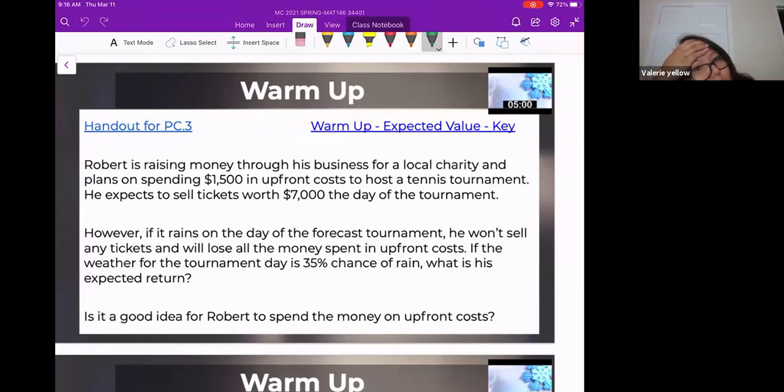Professor, on the second one, for the probability, do we have to take 35 into a decimal form and then subtract it from 100?